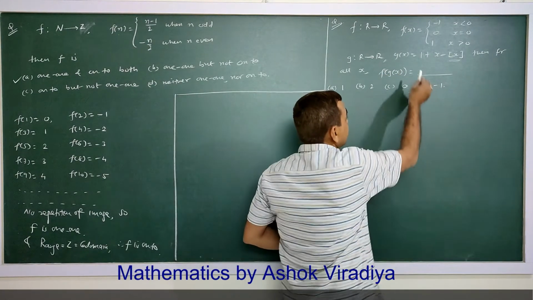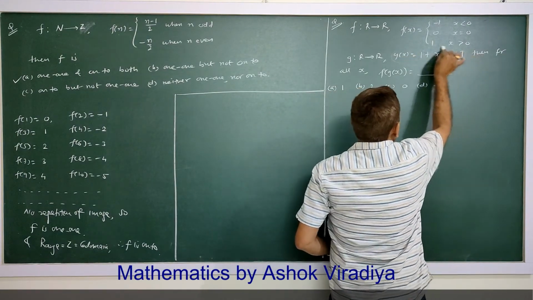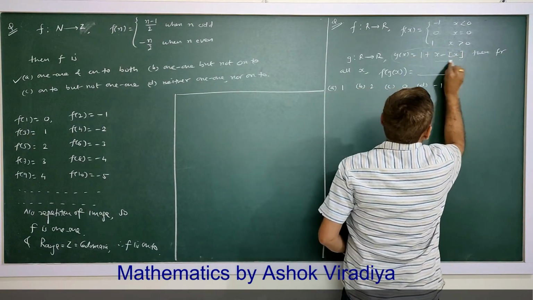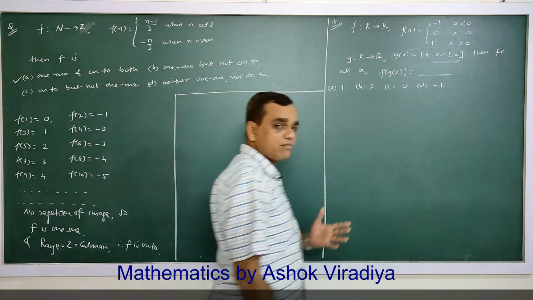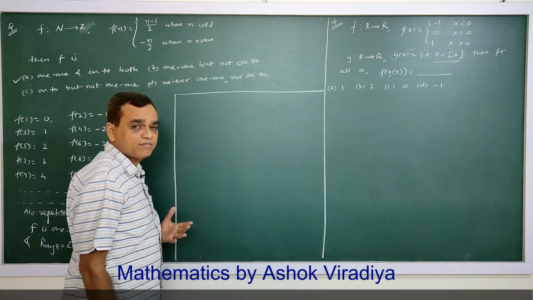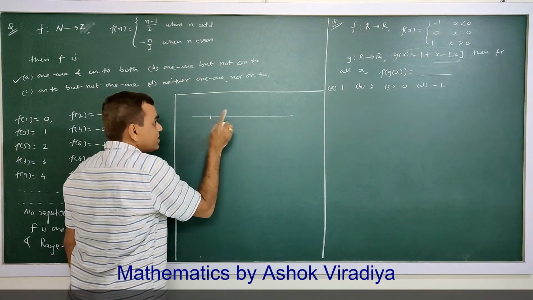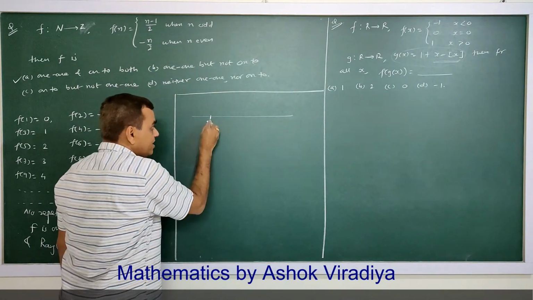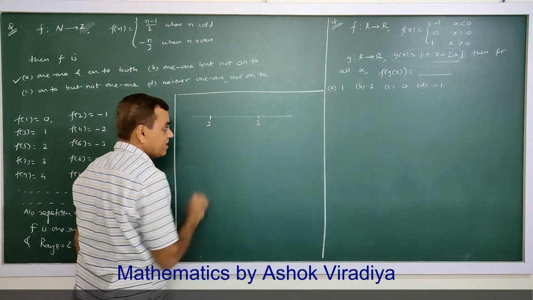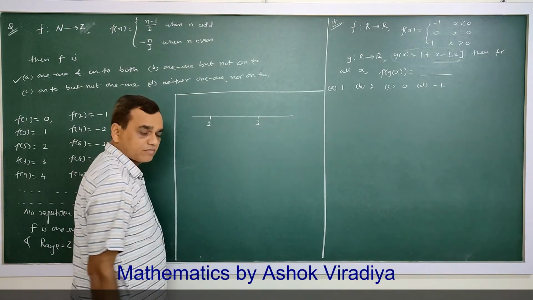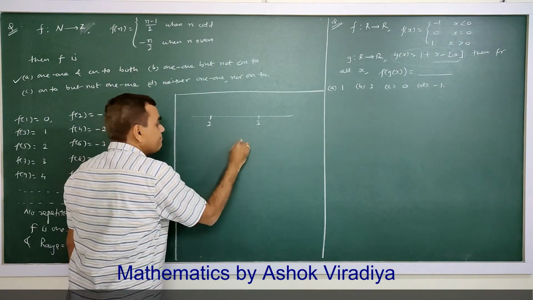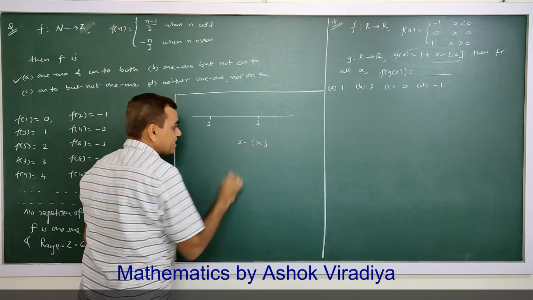Now see, in this function, this part is very important: x minus [x]. To understand that part, x minus [x], here I am putting 2, here I am putting 3. This is a number line.